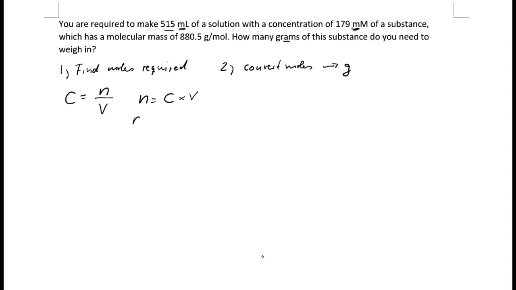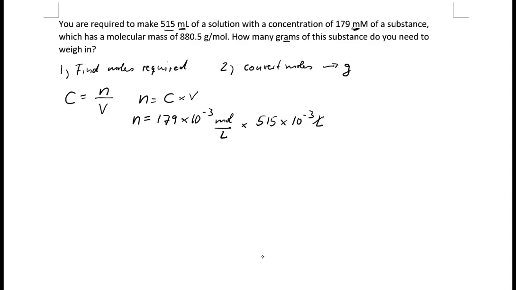So the number of moles in our solution would be 179 times 10 to the power of -3 mole per liter. That's our concentration here with the millimolar. And the volume would be 515 milliliters, so that would be 515 times 10 to the -3 liter.